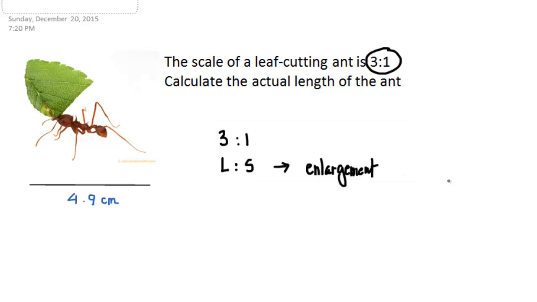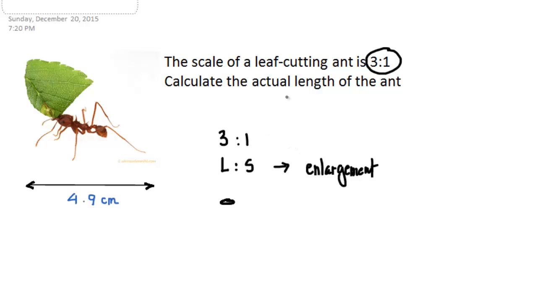Now, if this is a case of enlargement, I need to understand it. That means maybe the ant is very small in reality. And after that, I need to take this ant and add it to a picture in a science book for the students so they can see it. As you can see, the length here is 4.9 centimeters.